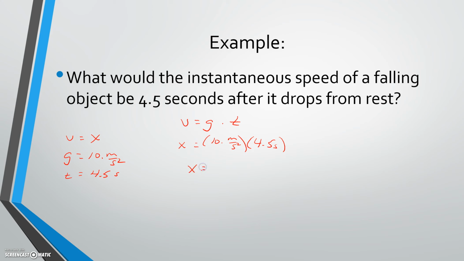So x, which is going to be our instantaneous speed, will be 45 meters per second. So if an object is in free fall for 4.5 seconds, after that period of time, it'll be traveling 45 meters per second.